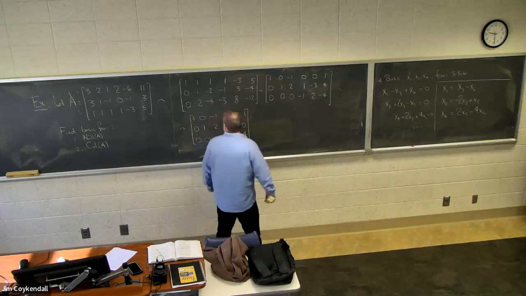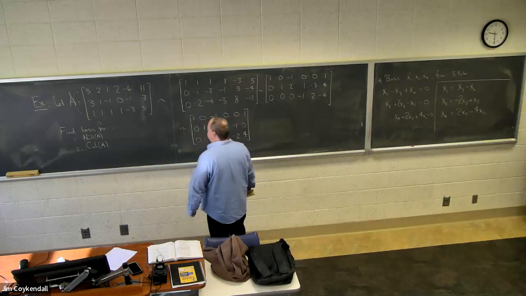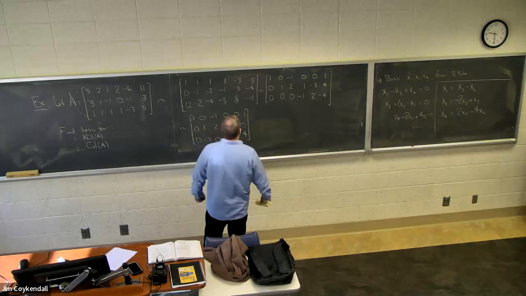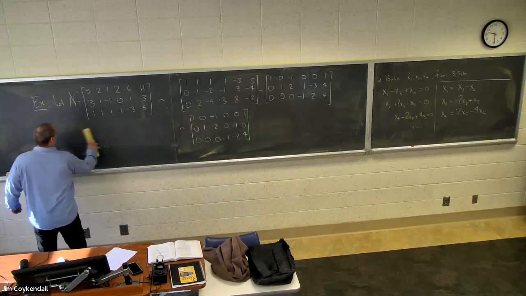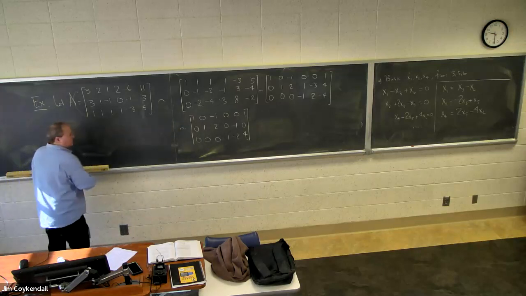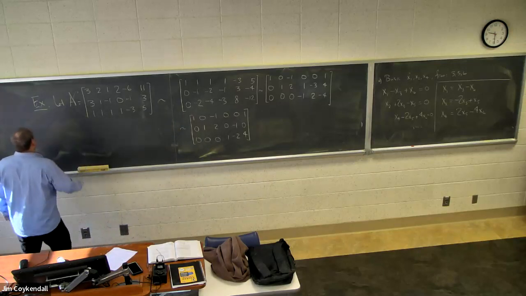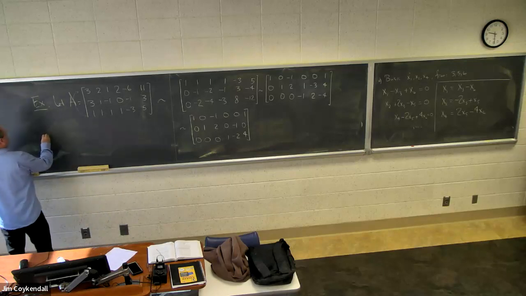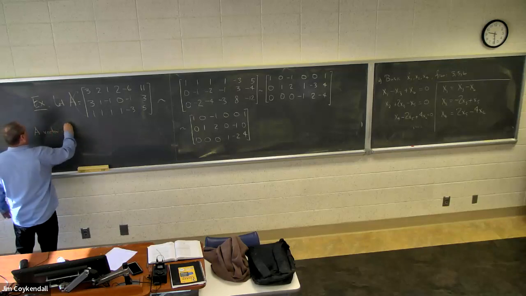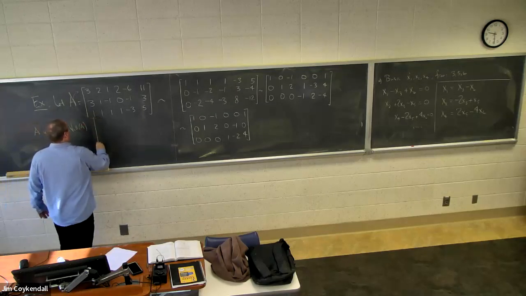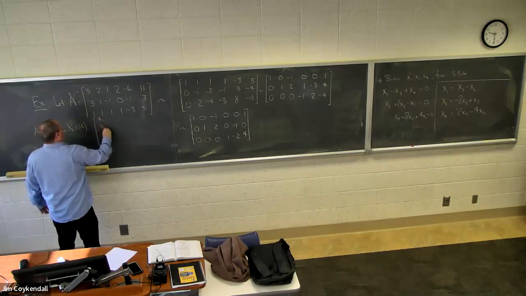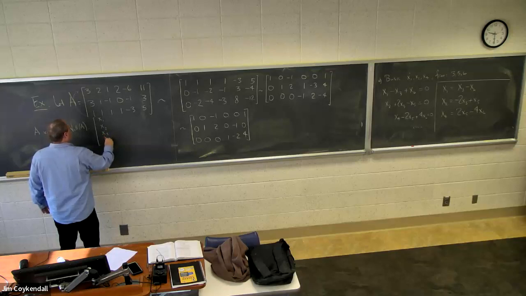Okay, so let's get a basis for this. Well, what is a typical vector in null A? It looks like this.